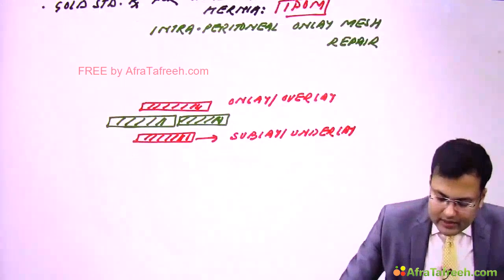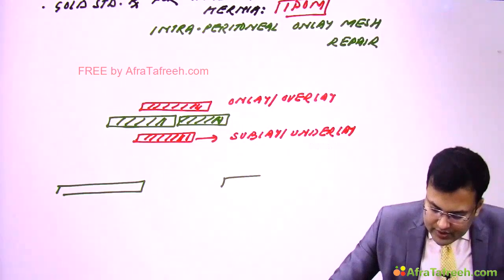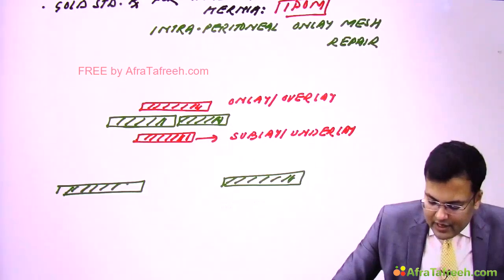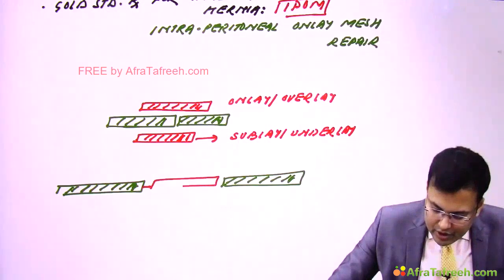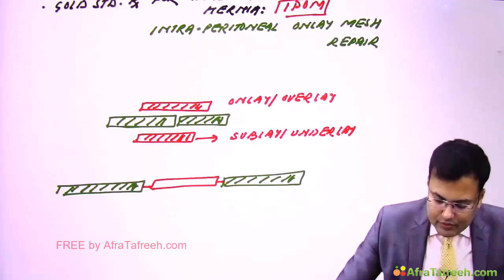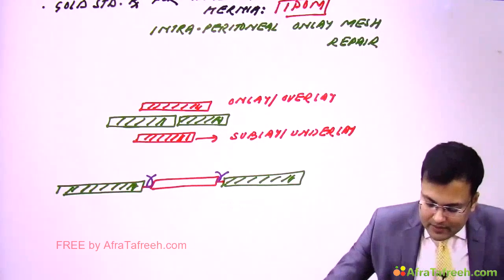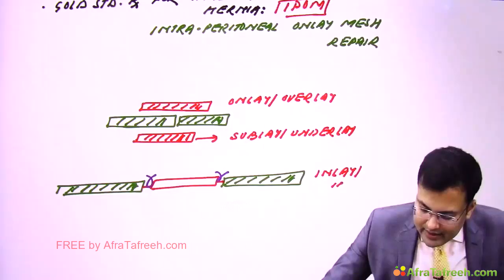And the third situation: sometimes it's not possible to close the sheath, then we suture the mesh to the edges of the sheath, and this is known as inlay or interlay.